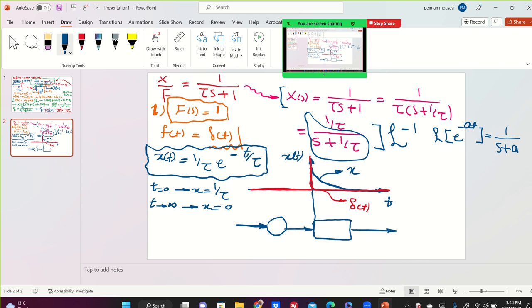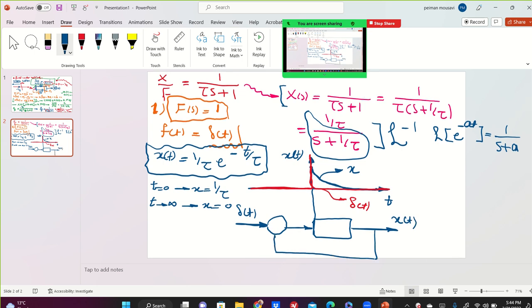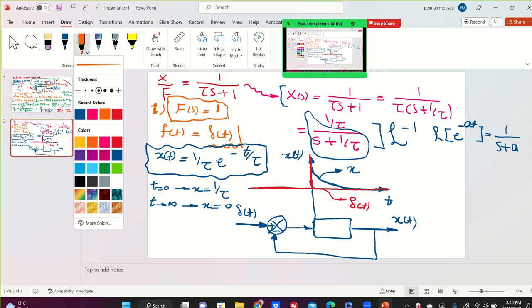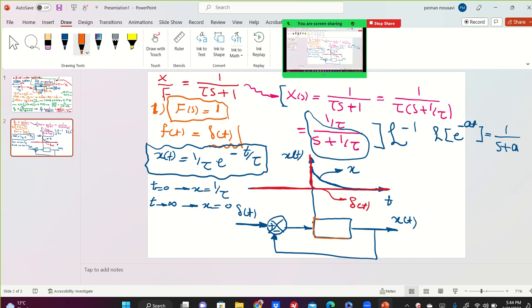Here is delta(t) in time, and this is x(t). You know that there's a unity feedback, and the plus and minus, we have done this in Simulink in the previous class. So what are we going to put here? Closed loop or open loop transfer function? You tell me. Open loop, G(s).